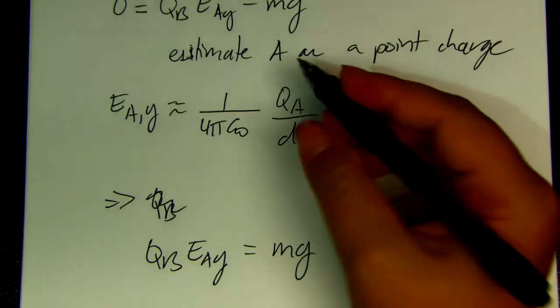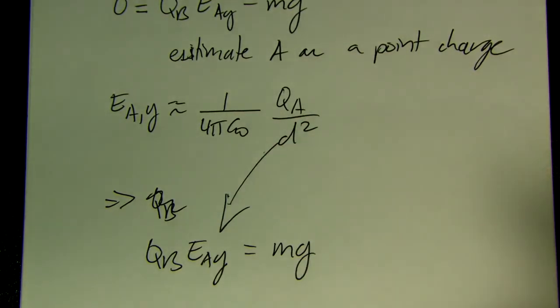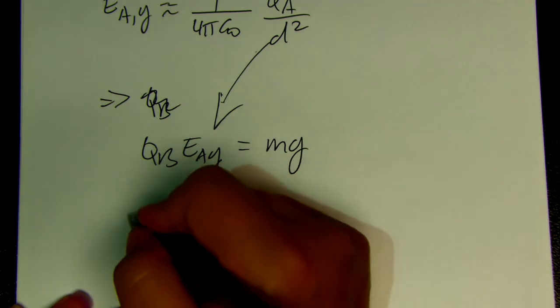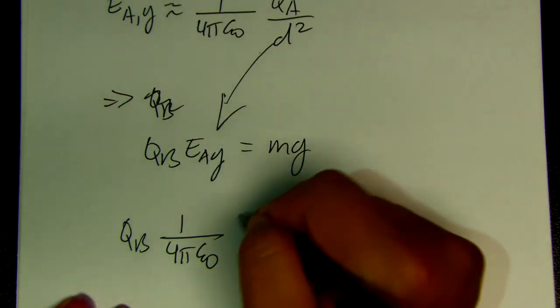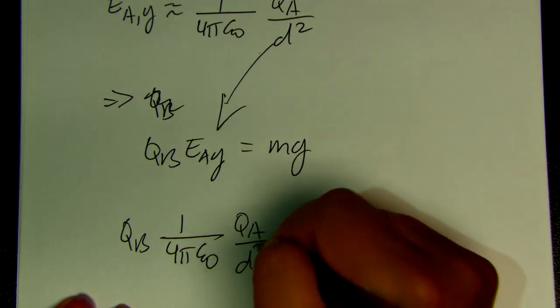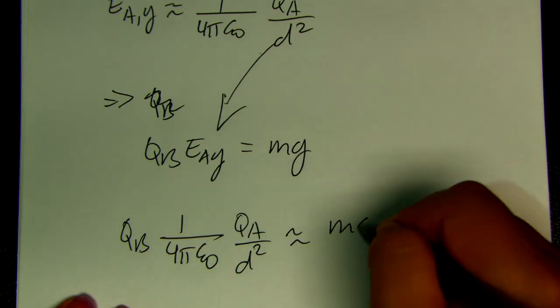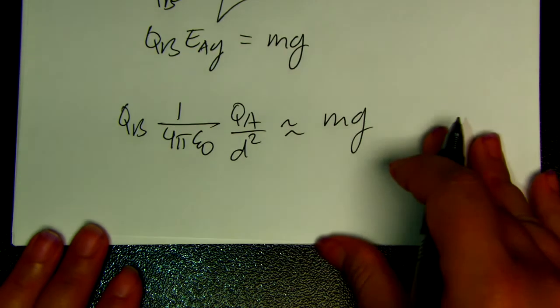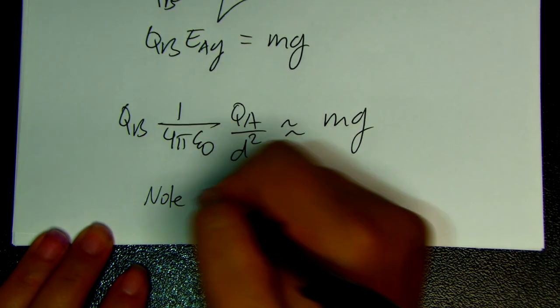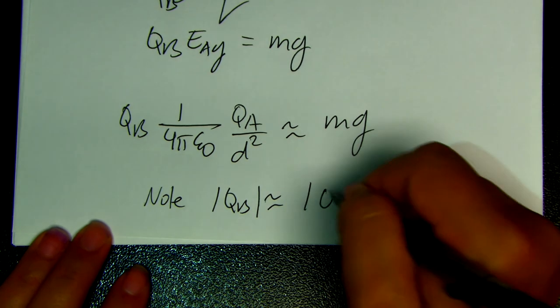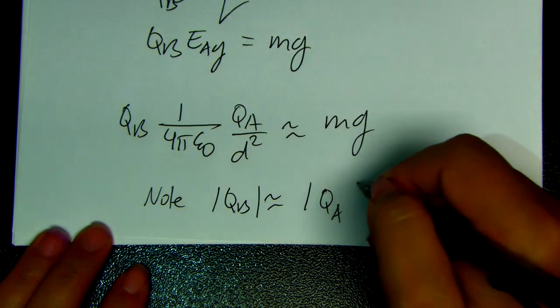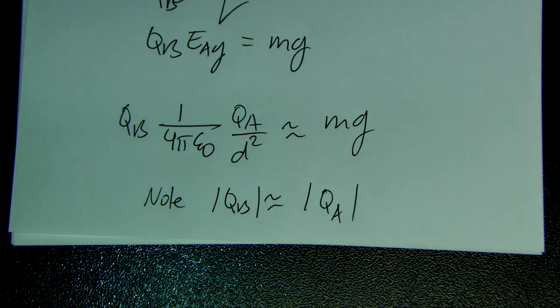Now we can plug in the electric field for A into this equation, and we get Q_B times 1 over 4 pi epsilon naught Q_A over d squared is approximately mg. We should note that the magnitude of Q_B is approximately equal to the magnitude of Q_A, because you're just transferring the electrons from one to another.